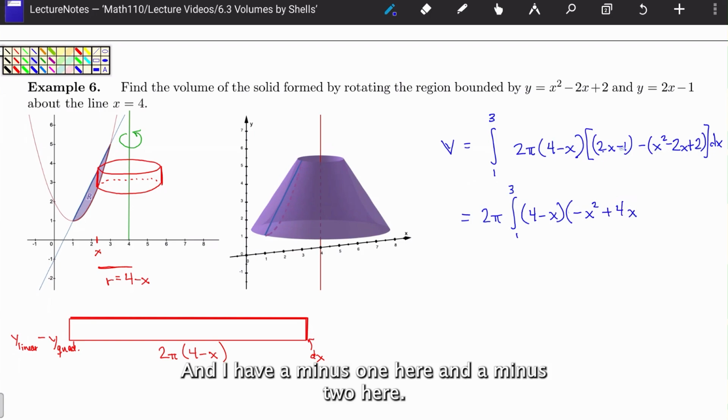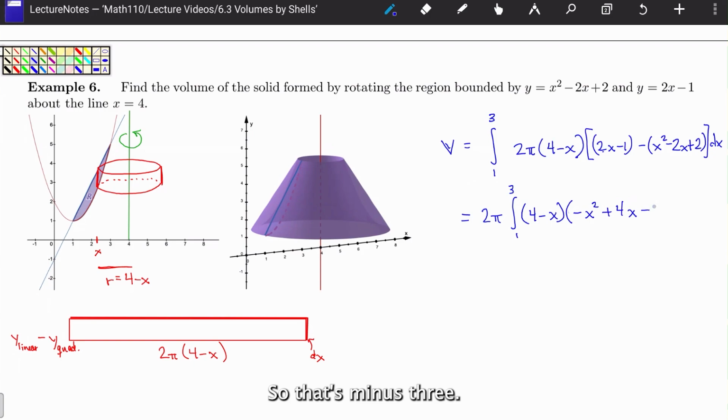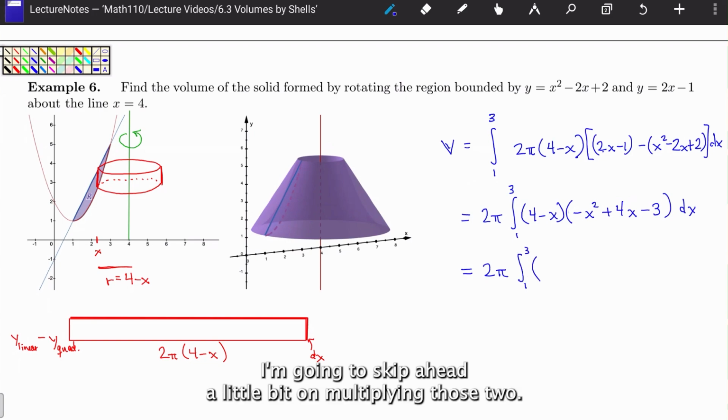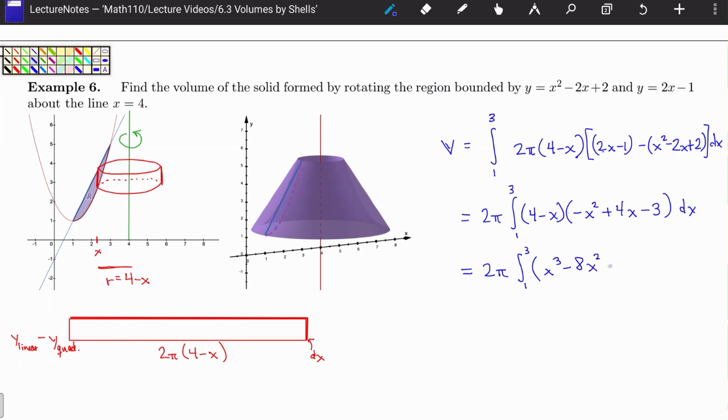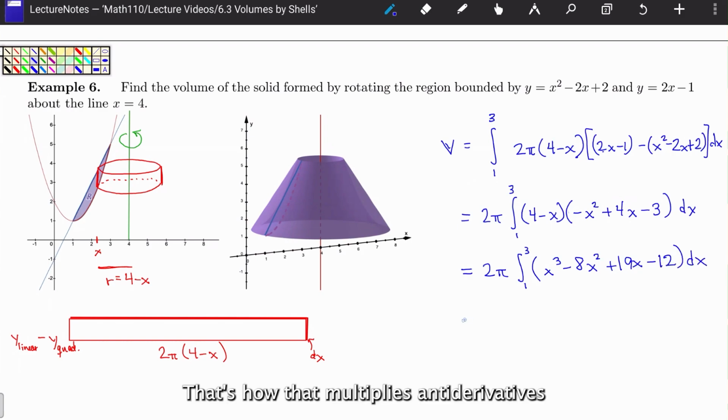And I have a minus 1 here and a minus 2 here, so that's minus 3, times dx. 2 pi times the integral from 1 to 3 of, I'm going to skip ahead a little bit on multiplying those two. So this is x cubed minus 8x squared plus 19x minus 12. That's how that multiplies.